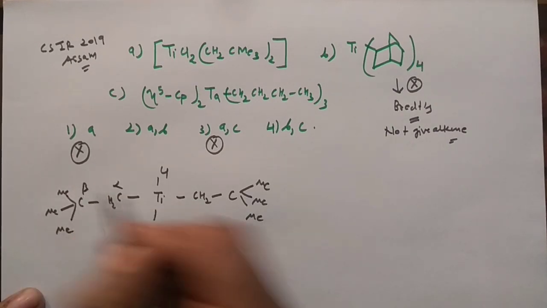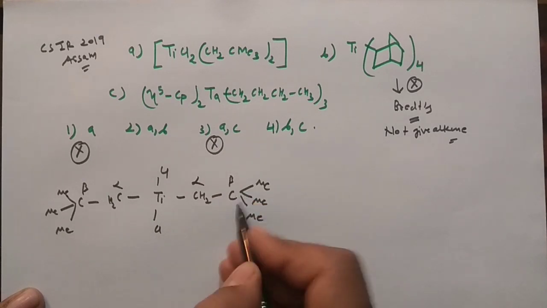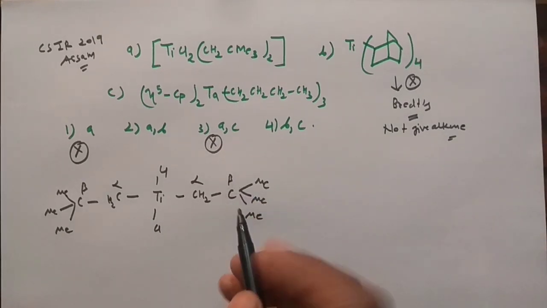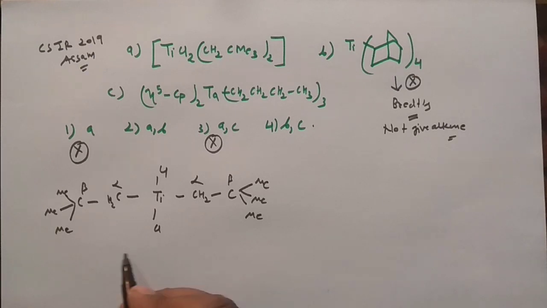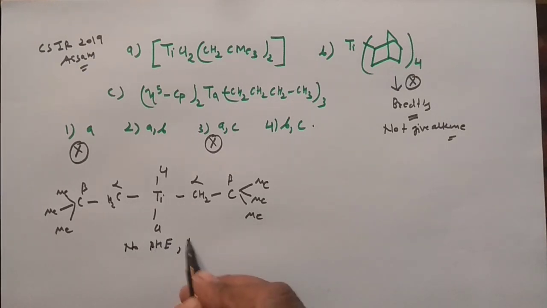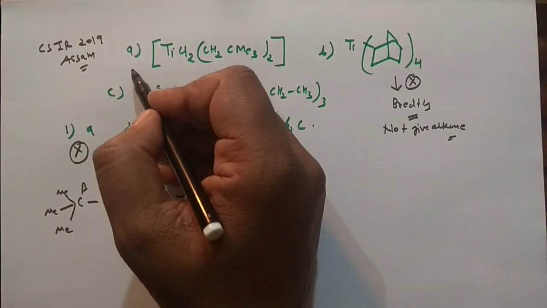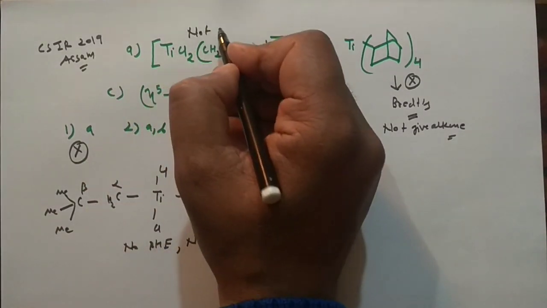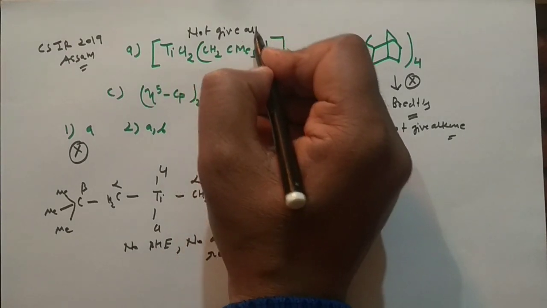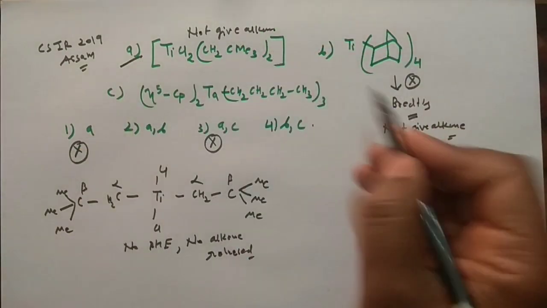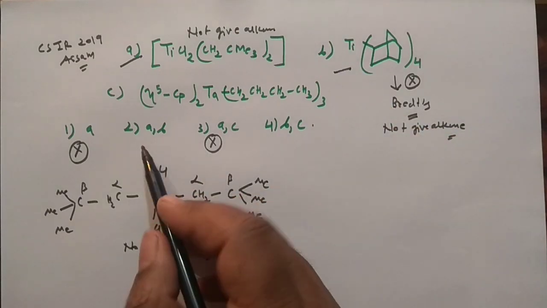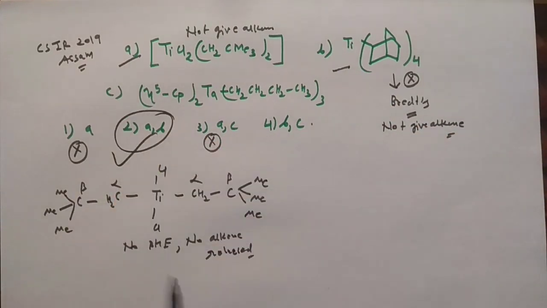This is alpha, this is beta, this is alpha, this is beta. It does not have any beta hydrogen, so it will also not undergo beta hydride elimination. No BHE, so no alkene is released in that case. So A will also not give alkene as the byproduct. So A and B, in the option A and B, this is the correct answer, right?